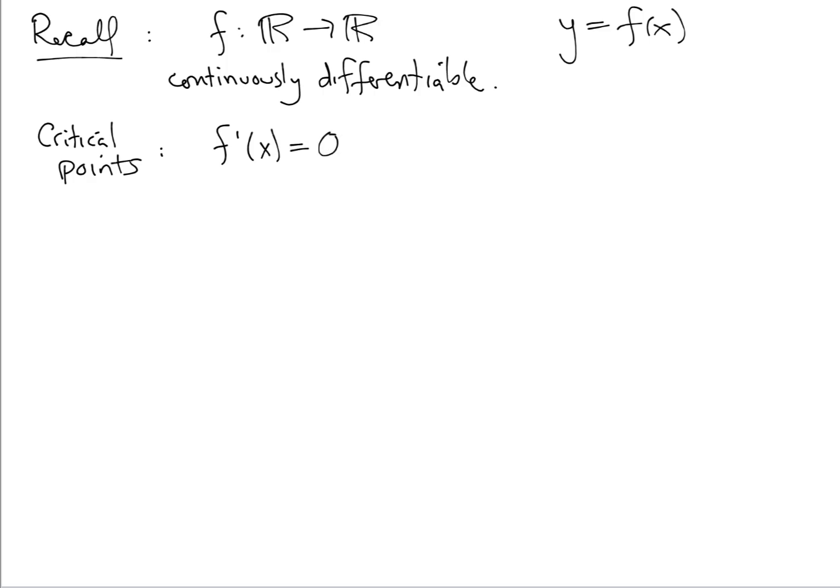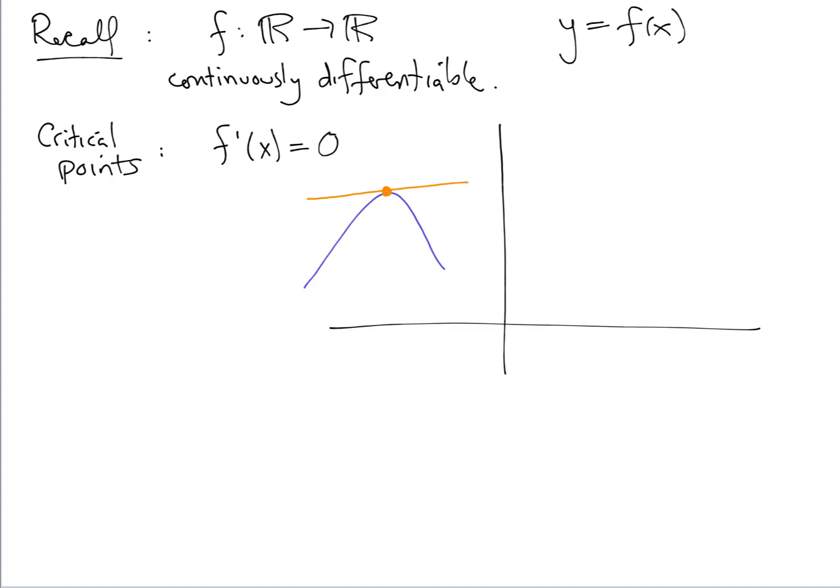And intuitively, that means that the tangent line to the graph is horizontal. So we might have a critical point here at a local maximum. We could also have a critical point here at a local minimum.